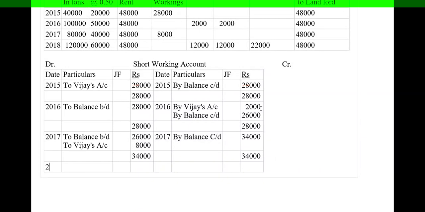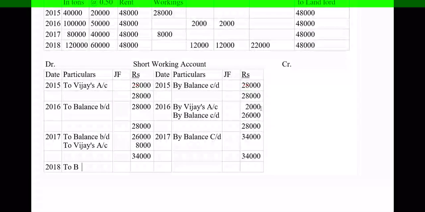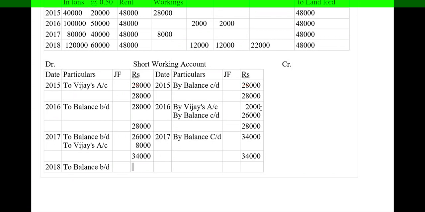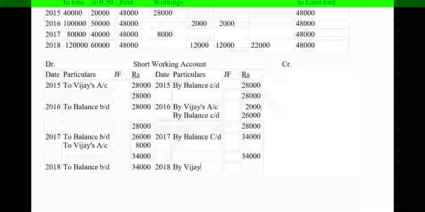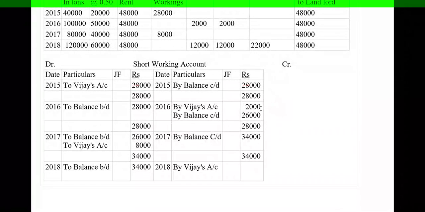Then at the beginning of the year 2018 there is no short working here. So to balance brought down, we have got here 34,000. So at the end of 2018 there is a recovery of rupees 12,000, which you can see in the chart. So by Vijay's account, then there is a recovery of the short working, that is 22,000, which will be transferred to P&L account.